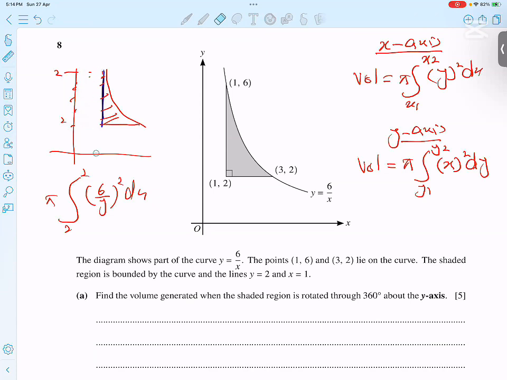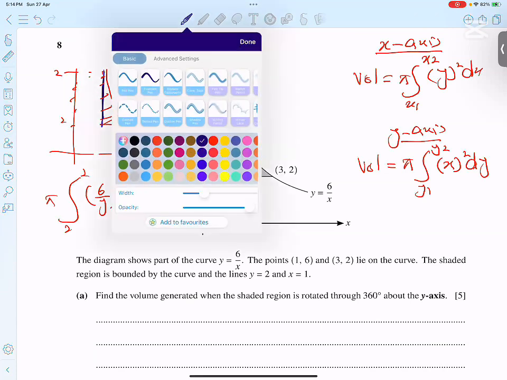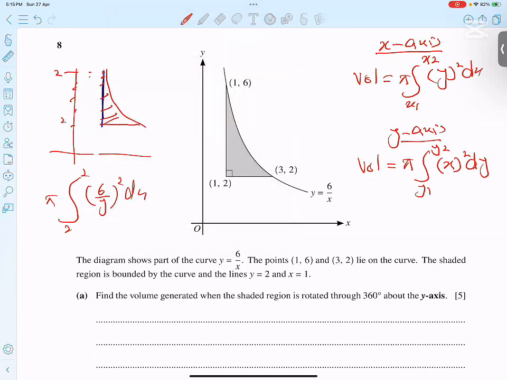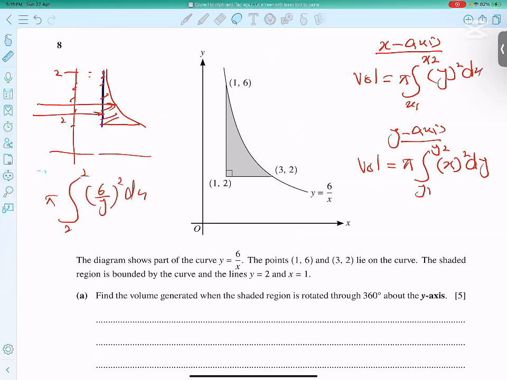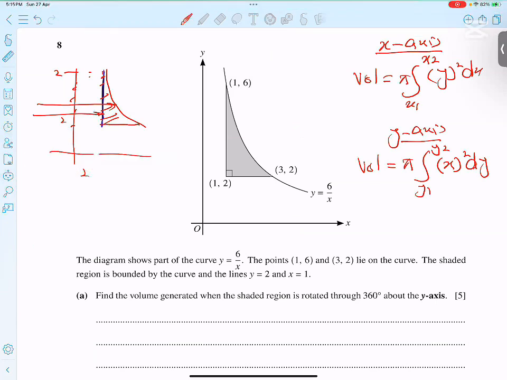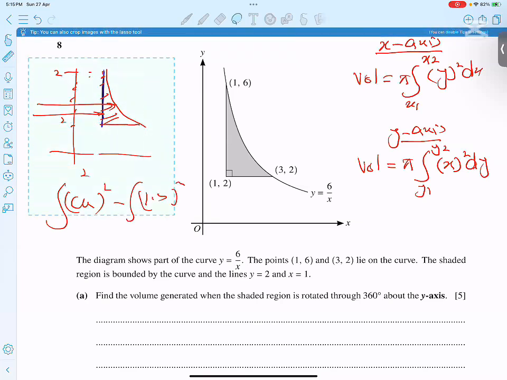In that condition, students, we have another plan. What is that plan? The curve is farther away and the line is closer, so curve minus line. It means curve squared minus line squared. This is the formula, so let's try to do it with that.